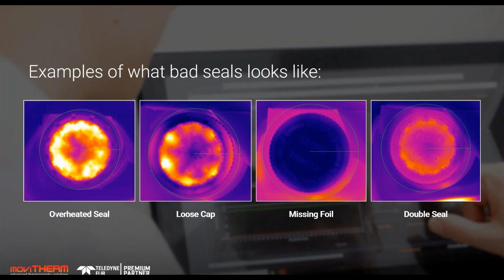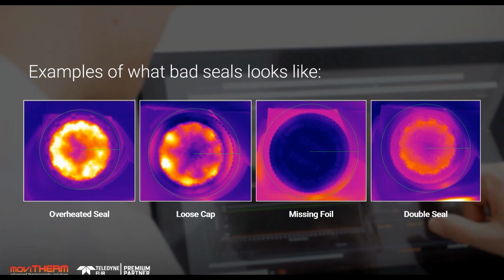The loose cap and under-torqued always shows up as this kind of wavy image on the edge, and you can see those little hot spots or cold spots along the edge. That's very notorious for an under-torqued loose cap problem. With the missing foil, as it goes through the electromagnetic field, you have no metal to even heat up, so that's going to be a real no-brainer.